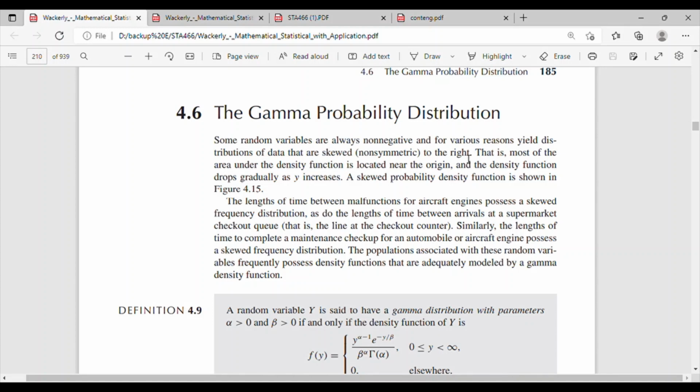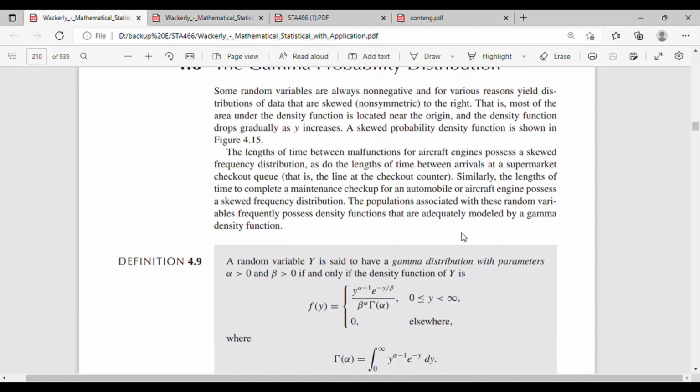For the gamma family, it is a non-negative distribution. If you look at its function later, its interval is from 0 to infinity.